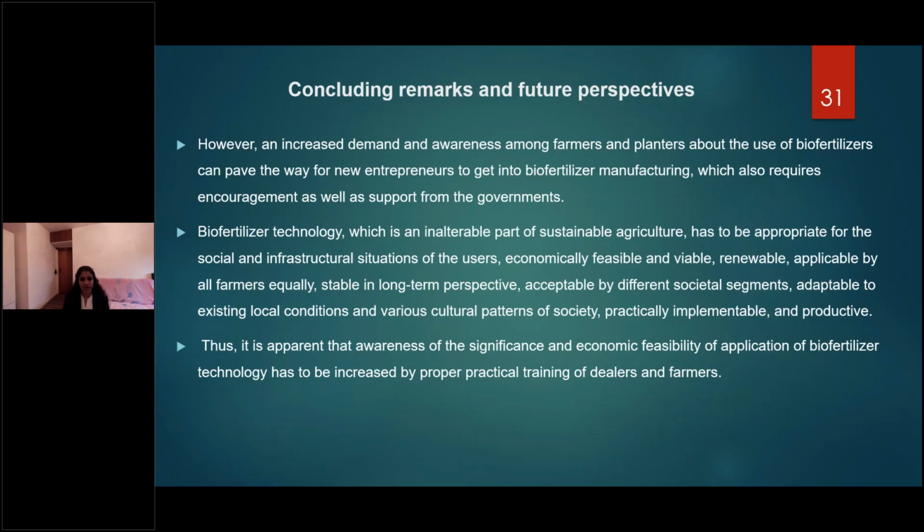Thus, it is apparent that awareness of the significance and economic feasibility of biofertilization technology has to be increased by proper practical training of dealers and farmers.